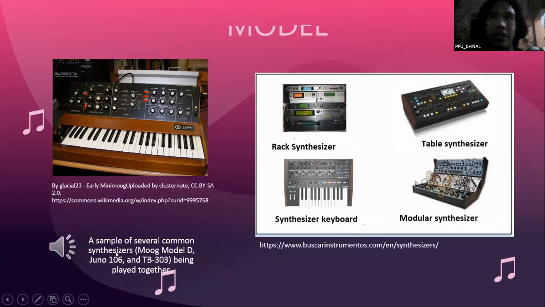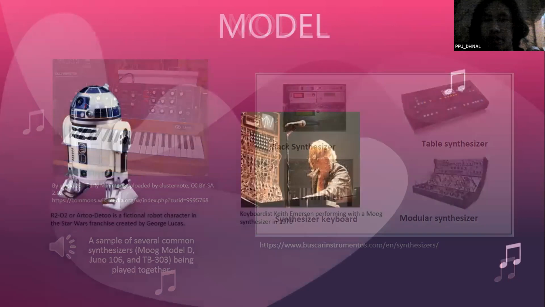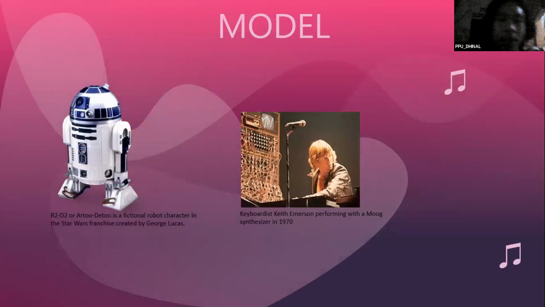It's creating new sounds, tweaking, and that model is from the Juno, one of several common synthesizers. And synthesizers have a lot of forms. One helped create a robot character in the Star Wars franchise, created by George Lucas, and there's keyboardist Keith Emerson with a synthesizer. So it helped change our industry, music and then film. It really has a lot of functions.